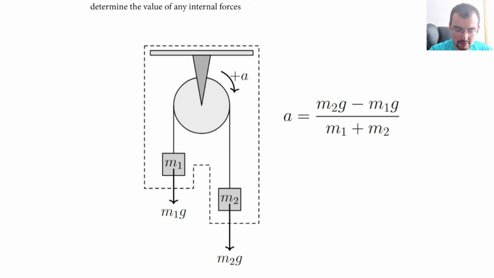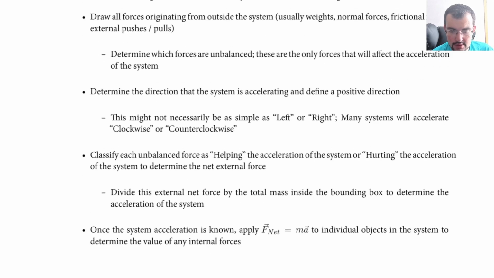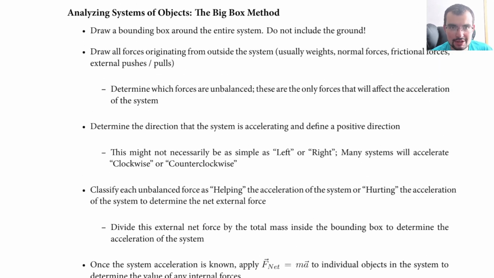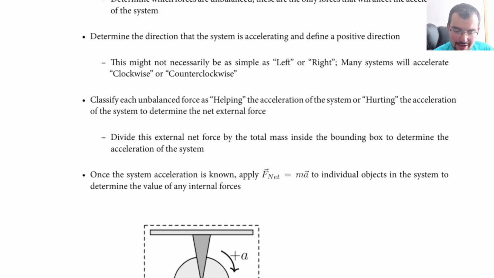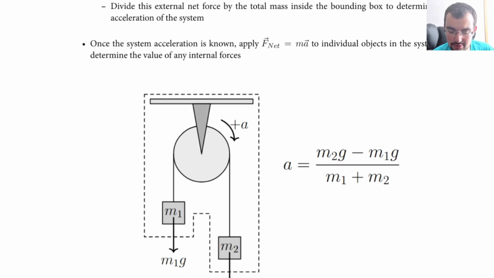Things that definitely will contribute to the net force are things like unbalanced weights or frictional forces, anything like that. So, to determine what is actually going to happen, you have to define a positive direction and do the whole help minus hurt idea. And that gets you your net force. And then you can find your acceleration by dividing the help minus hurt net force by the total mass.